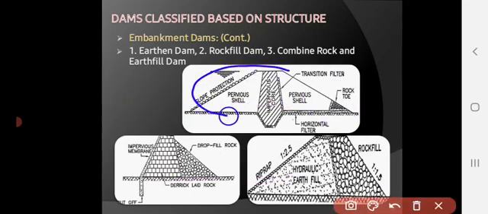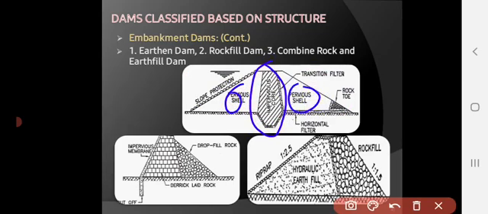an earth dam. This is a typical cross section of an earth dam, and for stability purposes, because it is made up of locally available earth and is always in contact with water on its upstream, an impervious core is constructed at the center, and this is the earthen material which is pervious.